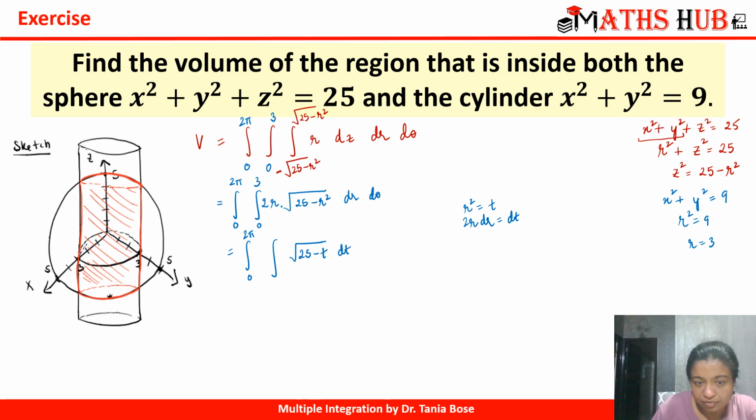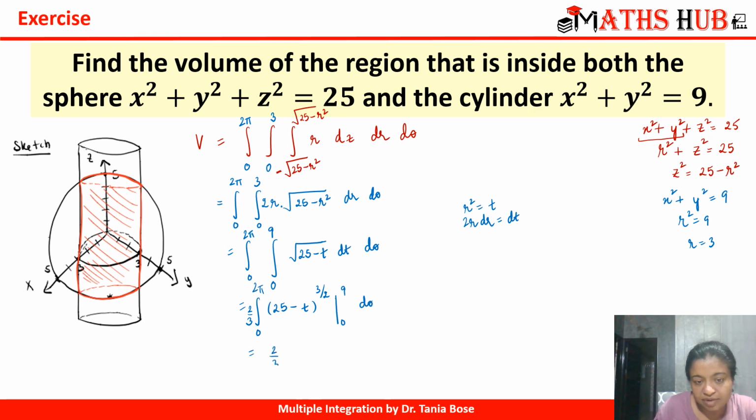When r is 0, t will be 0. When r is 3, t will be 9. Right? So now let us integrate this. This is 0 to 2 pi. Now this is simply a linear equation. So 25 minus t raised to power half will be integrated as raised to power 3 by 2, and 2 by 3 will come as it is. Limits from 0 to 9 d theta.